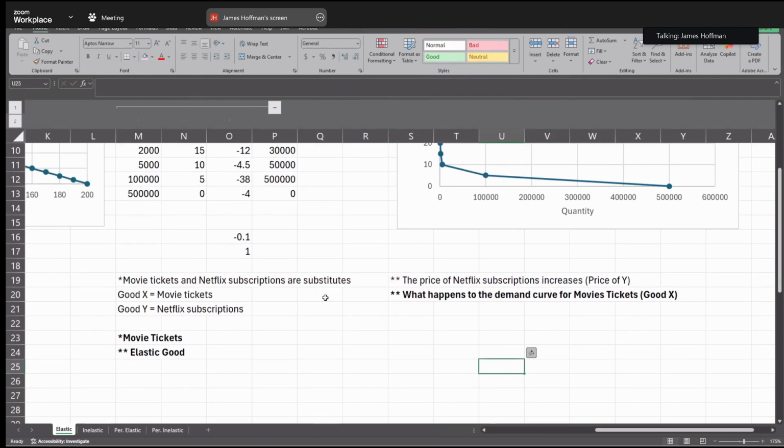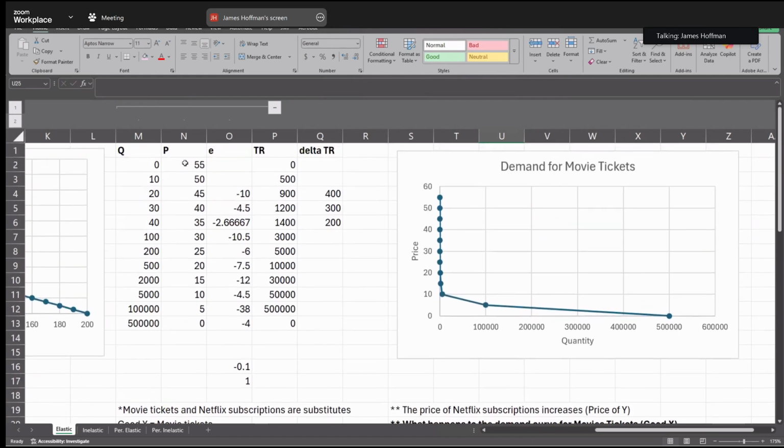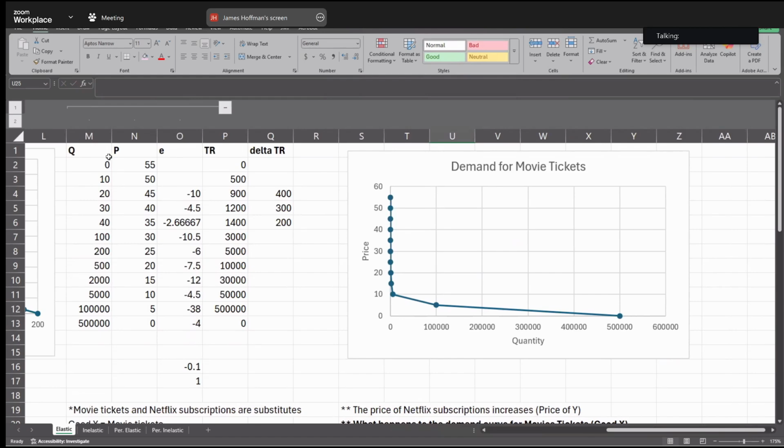So if we know all this stuff, Netflix gets more expensive, what should happen to the demand curve for movie tickets? It should go up. And by going up, that means that at every price, there's a little bit more demand, right? So instead of this scenario, you have something like, let me put this over here to illustrate.